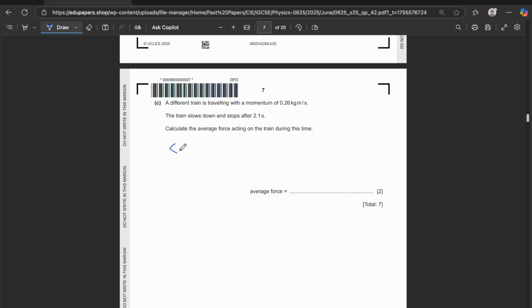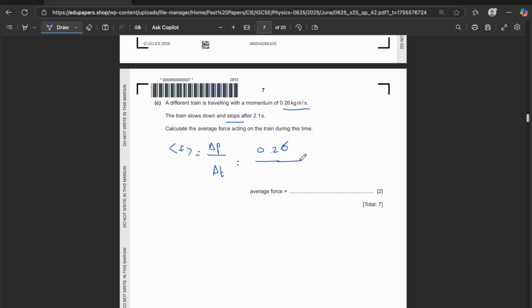So average force is going to be change in momentum divided by change in time. So momentum, this is the initial one, and for final it's going to be 0 because it stops. So this is the change in momentum, 0.26.